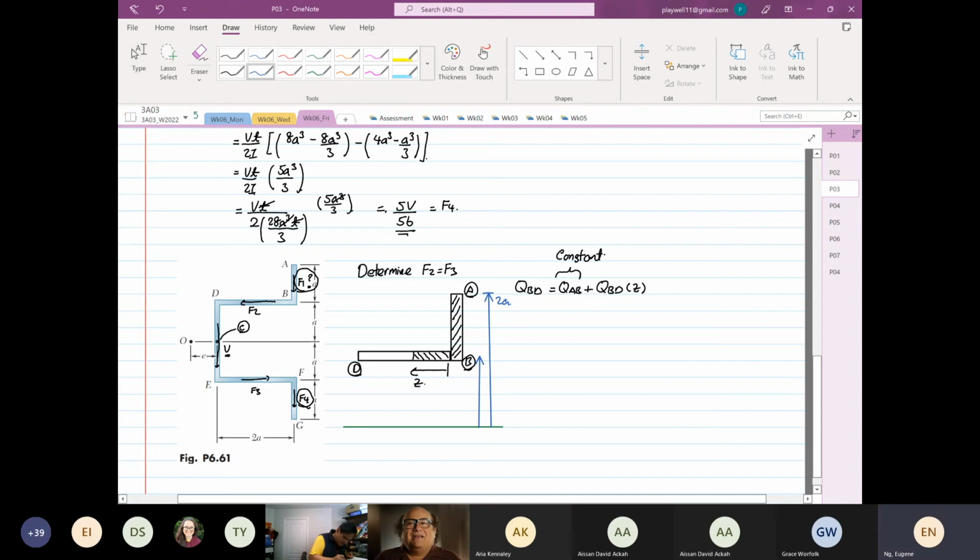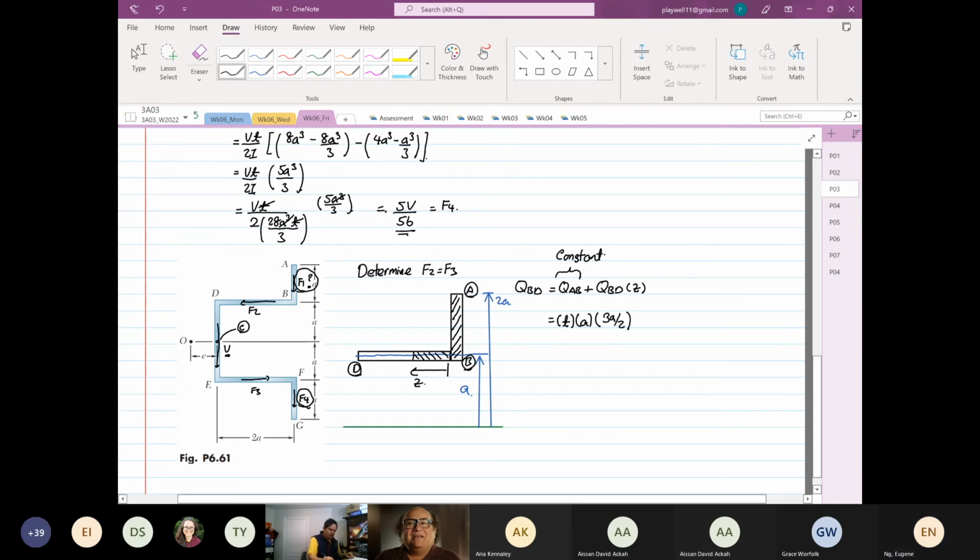Okay, so I'm going to just quickly sketch the center. This is our A. Okay, so our QAB, we know that the width is T, the depth is A, and the distance from the Y bar is 3A over 2.